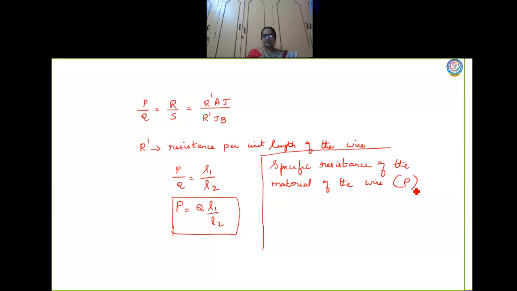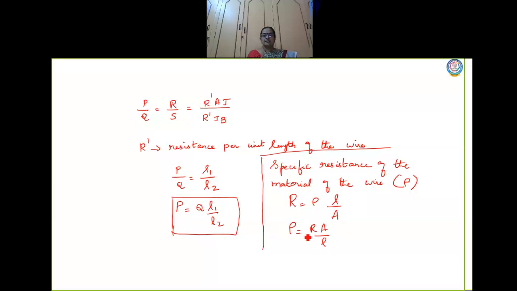It is represented as rho. And we know the formula for resistance, R is equal to rho into L by A. If I want to find the value of specific resistance, I can rearrange this formula: rho is equal to R into A by L.